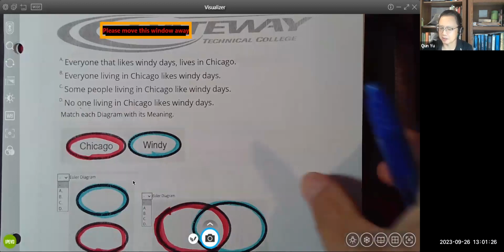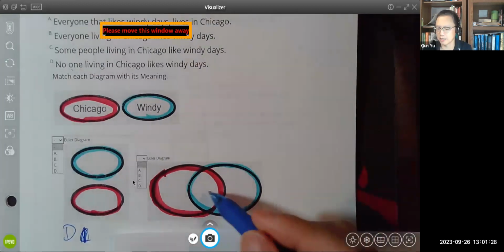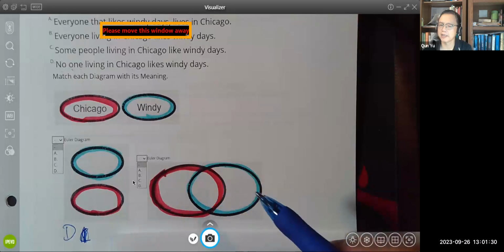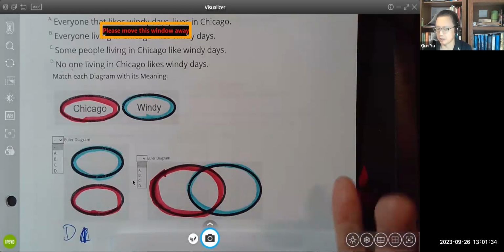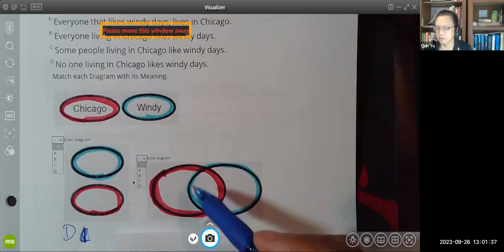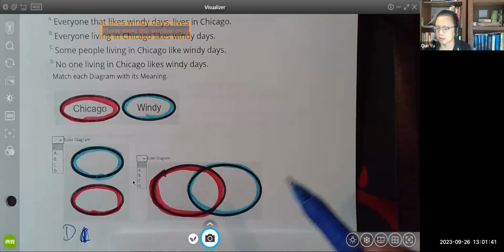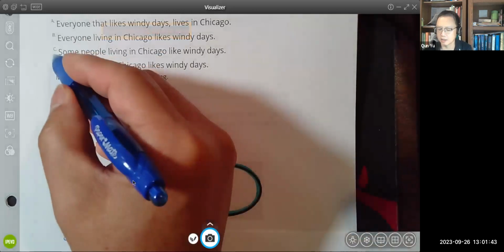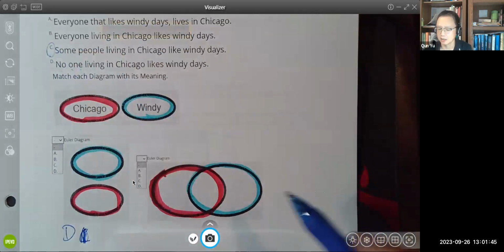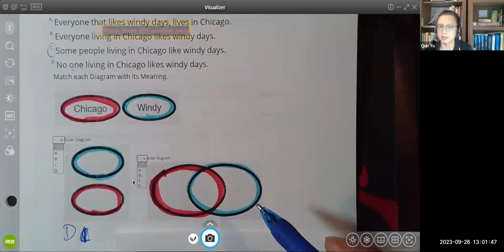So we have two circles that are partially overlapped. This is the model some A are B or some A are not B. Either way, you have this overlap region. That means your statement should start with some. And this is the only one, C, that starts with some. Some people living in Chicago like windy days.